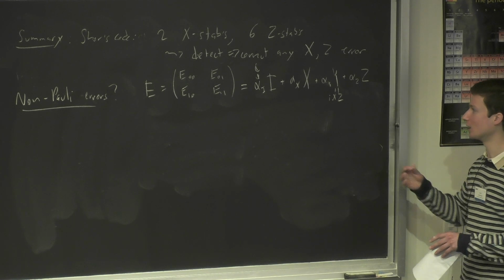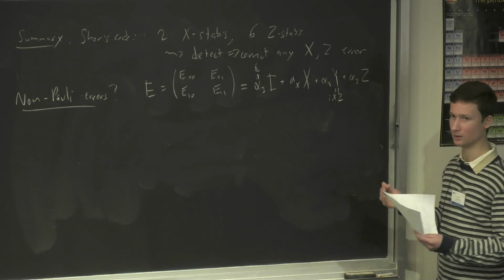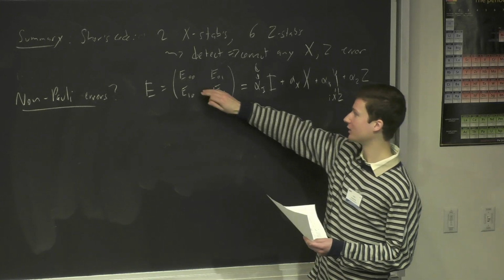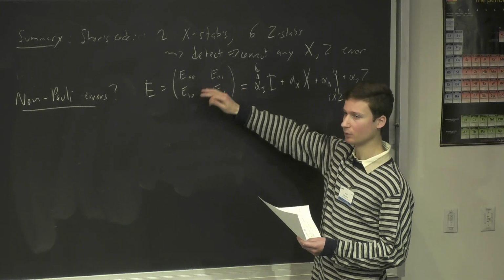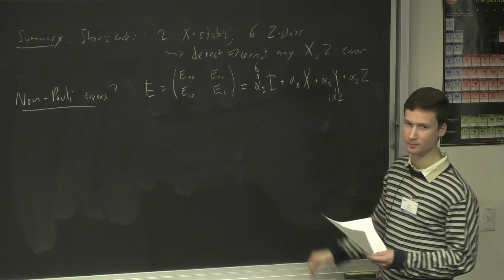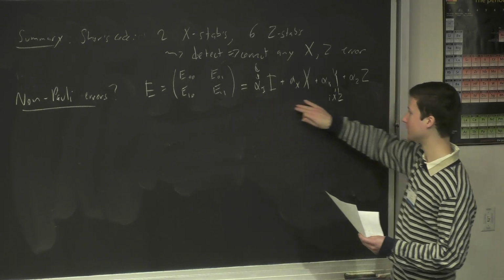You can actually check this for yourself that the 4 Pauli matrices we defined over there span the set of all 2x2 matrices, but maybe it shouldn't be too surprising because there are 4 degrees of freedom here, 4 entries of the matrix, and there are also 4 degrees of freedom here for these 4 coefficients. So maybe it's not surprising that every E can be expressed in this form.